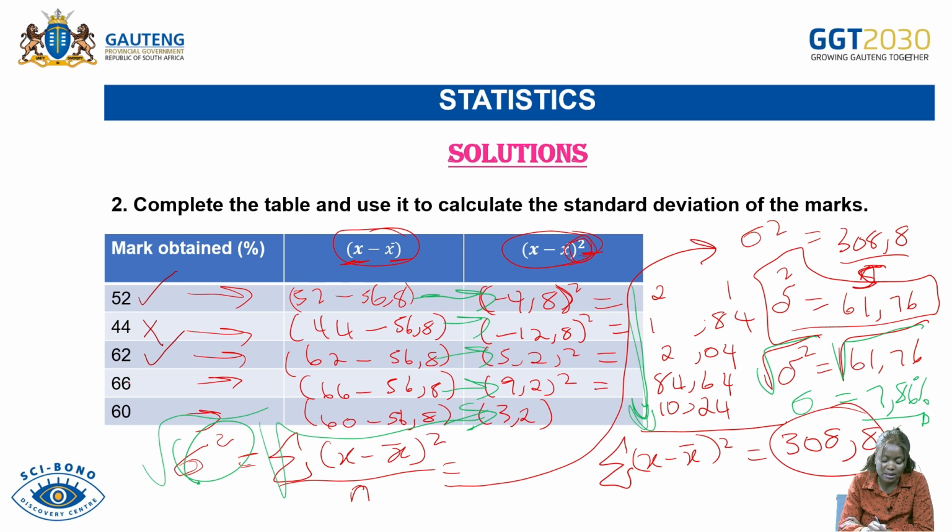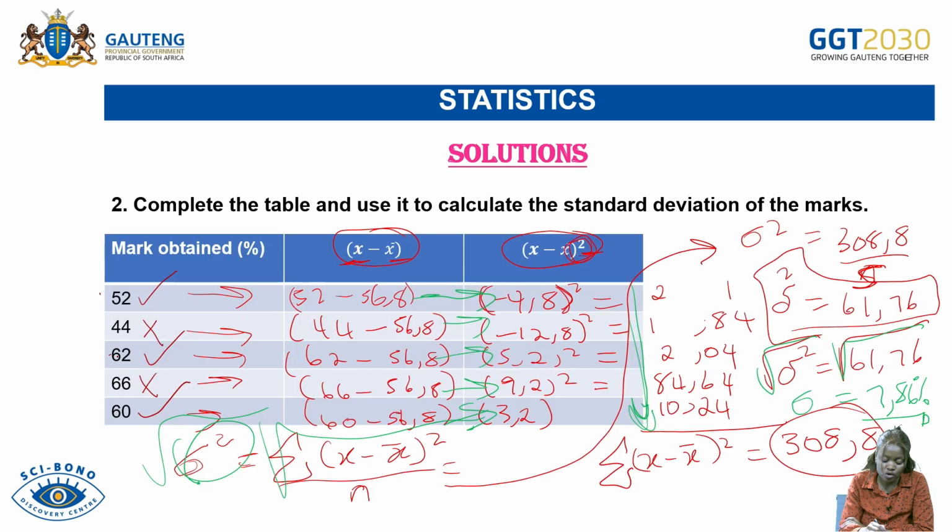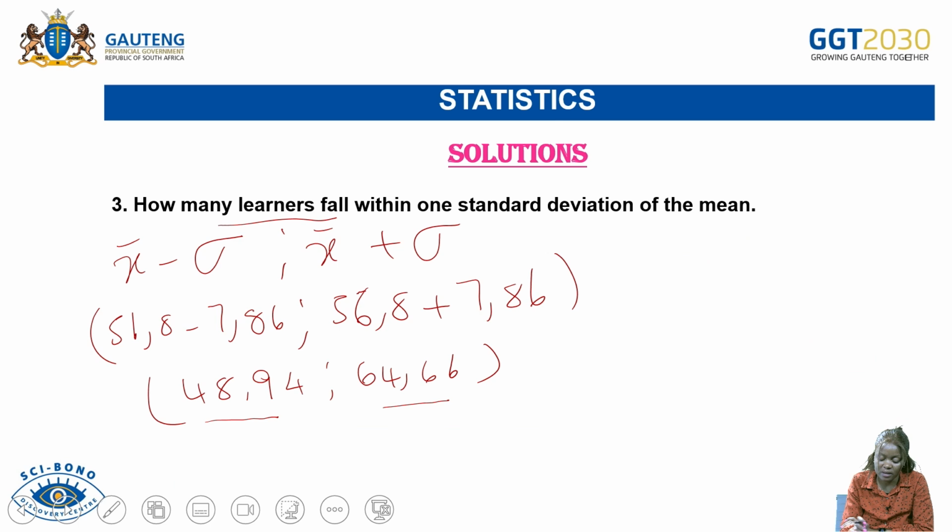Your 66 is above the 64, so this one is out. And your 60 is also within one standard deviation. So we have 1, 2, 3 learners that fall within one standard deviation. So your answer is 3 learners.